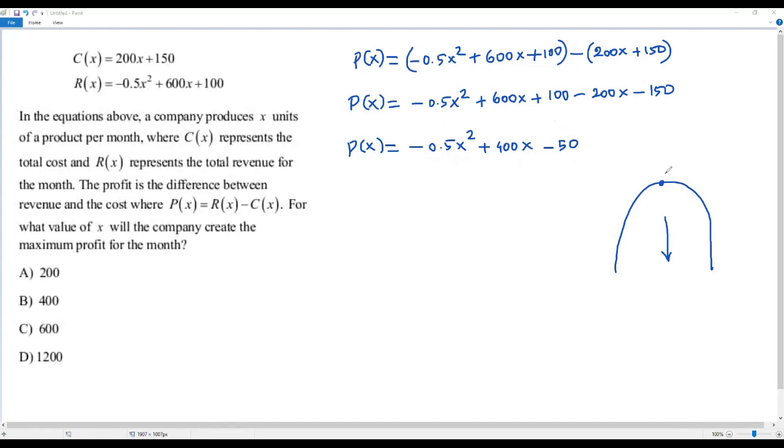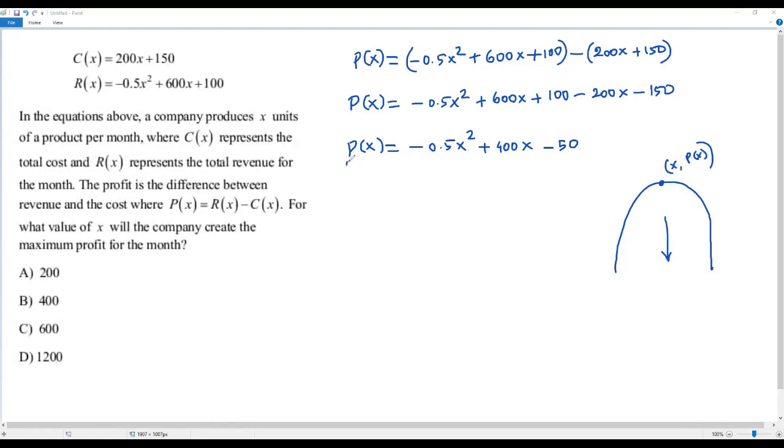So here at this vertex we'll have some value for x, and the y coordinate over here will be the value of this P of x. Instead of y coordinate, we can write P of x over here. So here P of x, the profit, is maximum at the vertex. So our aim is to find the value of x for which P of x is maximum. So that is, we have to find the x coordinate at the vertex of this parabola.